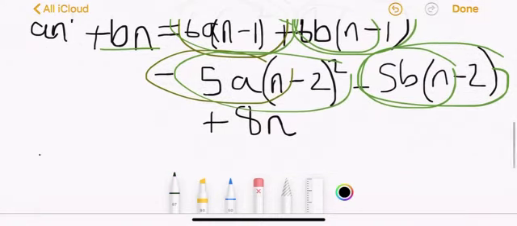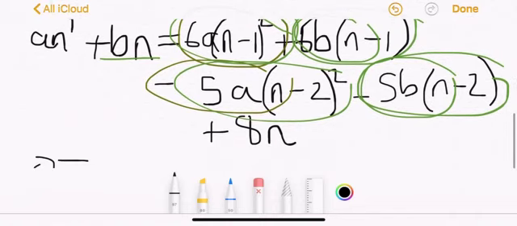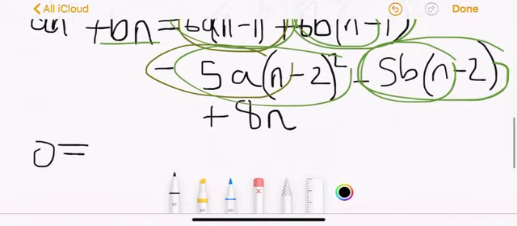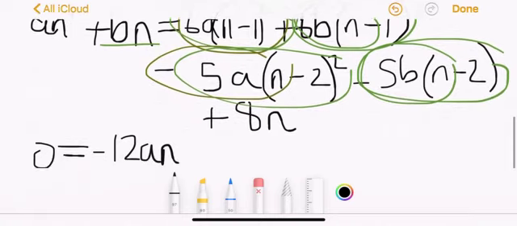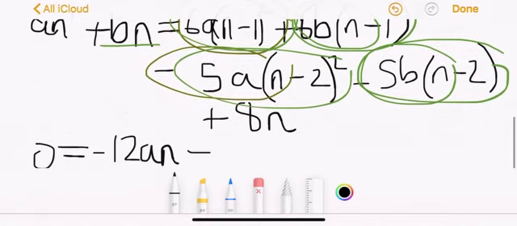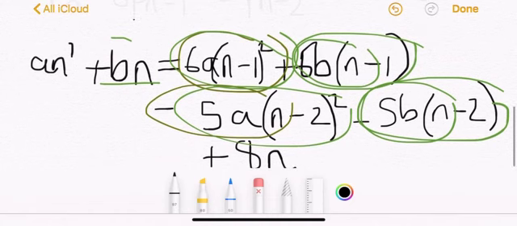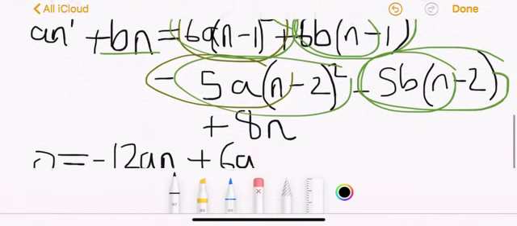So we get 0 equals, well, the linear term here is minus 12an, and the constant term is plus 6a. We just want the constant term here, which is going to be minus 6b.